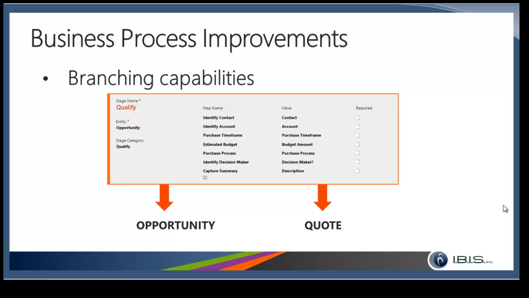So now, depending on your company processes, you can either move from, say, a lead to the opportunity, and then from the opportunity all the way to the quote, depending on the kind of parameters you specify inside of the business process. This again is a great improvement because previously that was not possible, and unless you created some kind of a plugin, you were stuck with whatever process was moving back and forth.